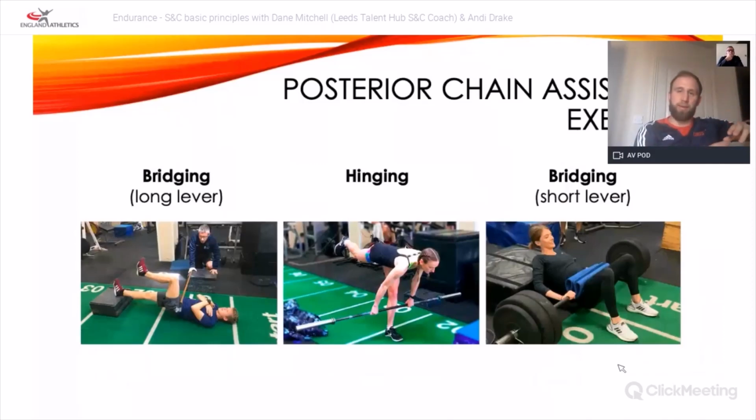It puts the hamstring at a longer length, conditions the hamstrings a little bit more. They're both working. Hopefully, we've got both the glute and the hamstring co-contracting and supporting that hip extension movement. But I just separate some of those movements as well, so I know I'm getting the best of both. Okay, so just remember that. Bridging with a long lever, bridging with a short lever, and some extra hinging.